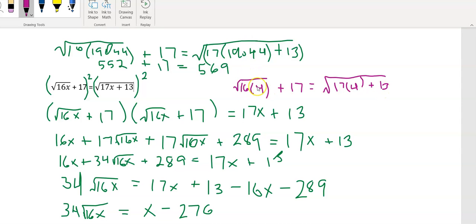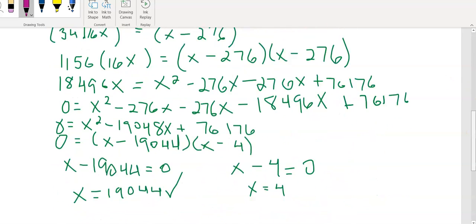Okay, and this will give me the square root of 64, which is 8 plus 17. So that's 25. Let's see if we check this. I'll put all of that into the calculator. This ends up being 9, and let's notice there's no way that's true. So the 4 does not work.